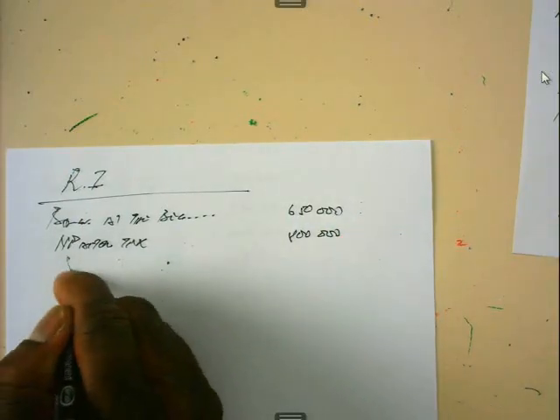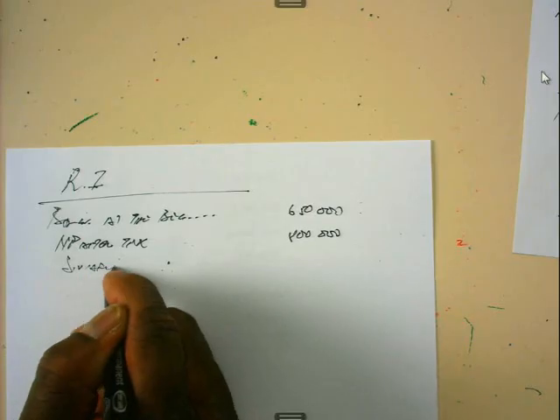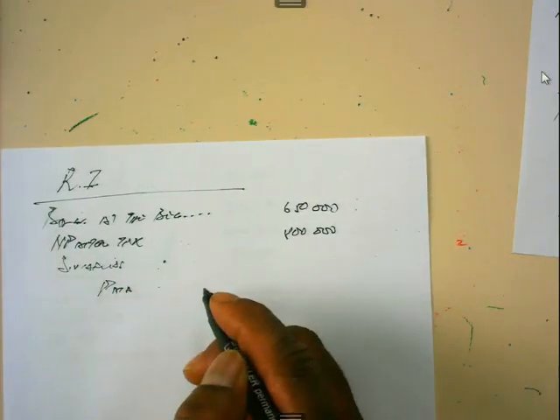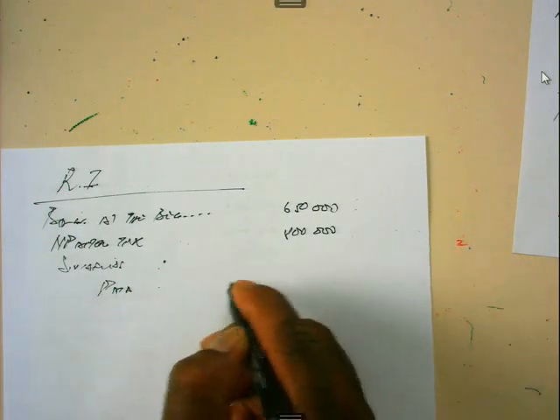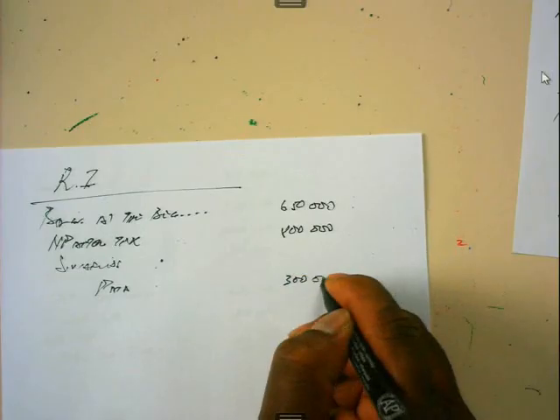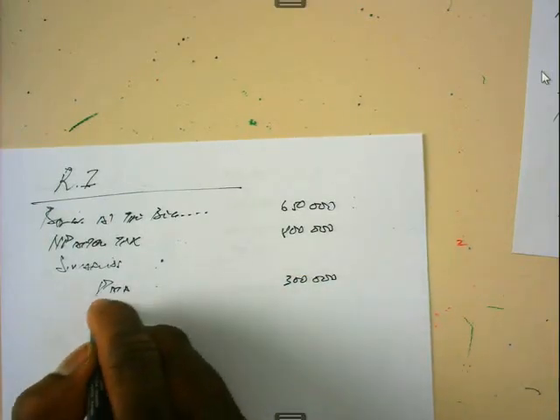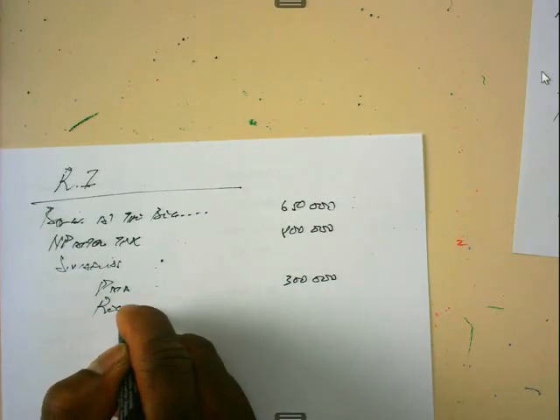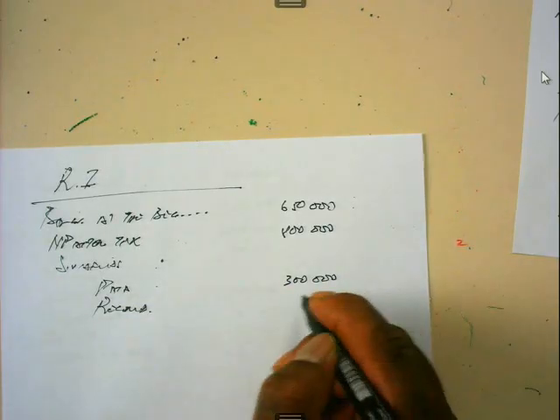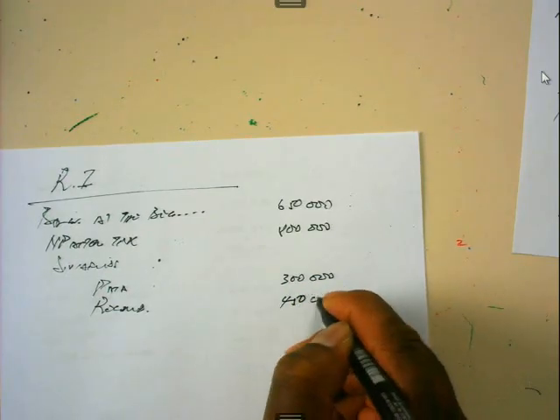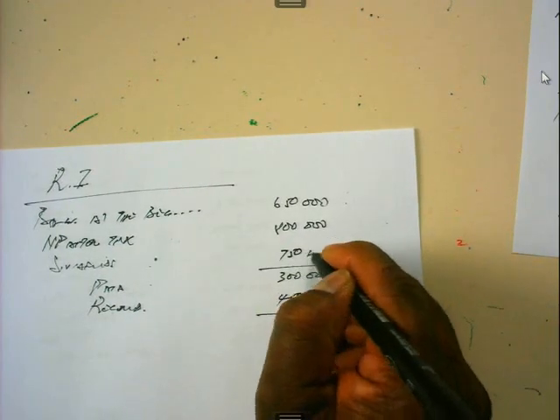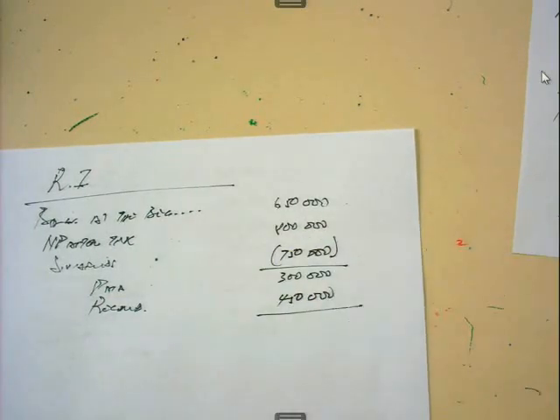You've got your dividends paid, which is 300,000, and recommended or declared, which you've got as 450,000. So that gives you 750,000 that you must deduct.